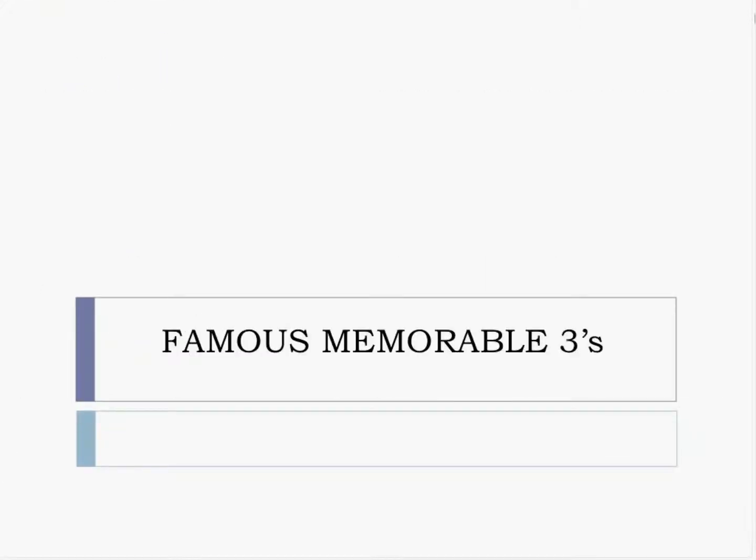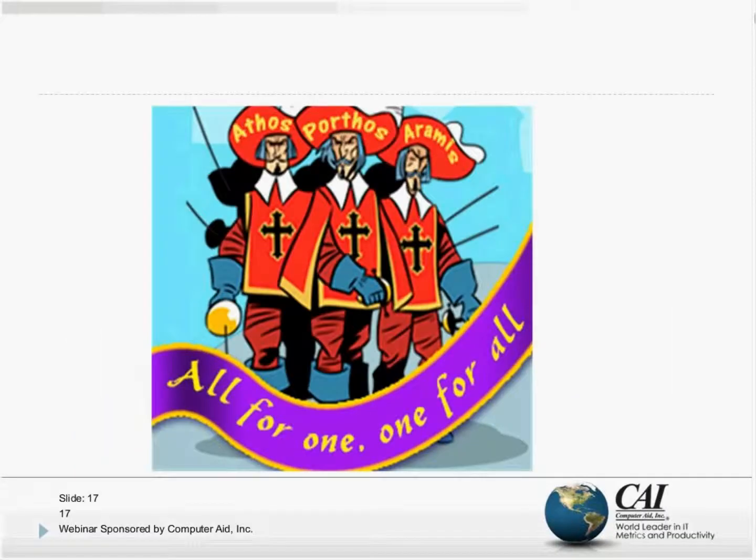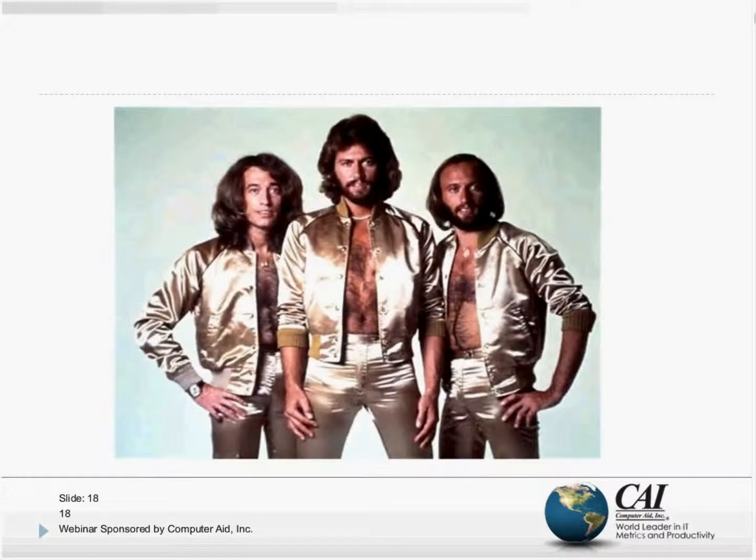To try to impress the number 3 in your head, I came up with a few famous, memorable 3s that I thought might be appropriate here. And you're all kind of muted, but shout out the answers when you know them. Here's a famous 3 that I hope gets ingrained in your mind, and that happens to be the Three Musketeers. So they found great success in working in 3.